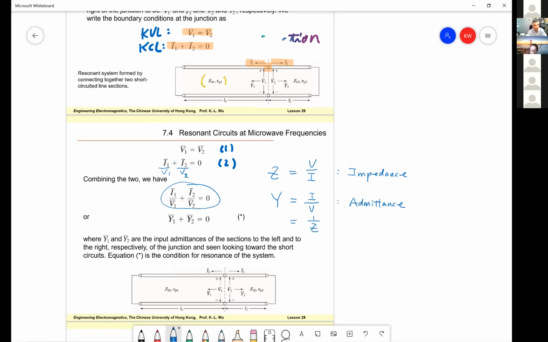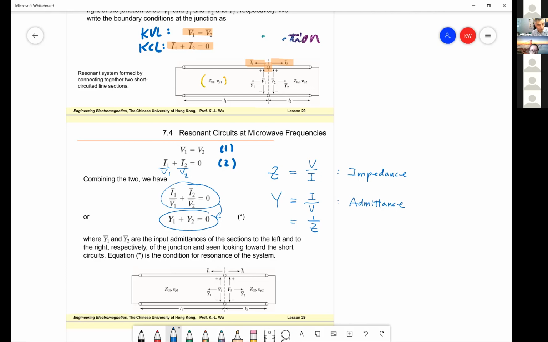For a simple one-port device, it is true. So therefore, this equation is this equation. So Y and Z, admittance or impedance, are basically the same thing.